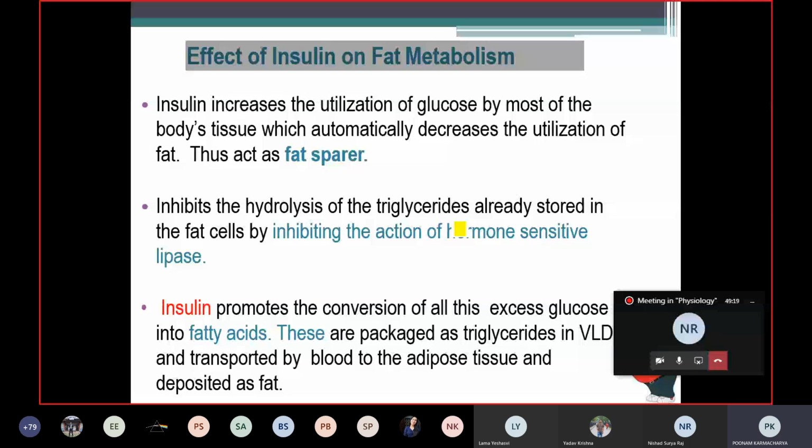Thus, insulin is called the fat sparer, because it tries not to utilize fat where glucose is present. It causes continuous utilization of glucose and decreases the utilization of fat. That is why it is called the fat sparer, right?